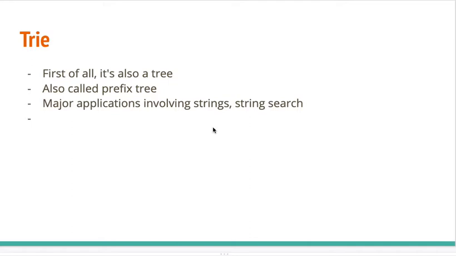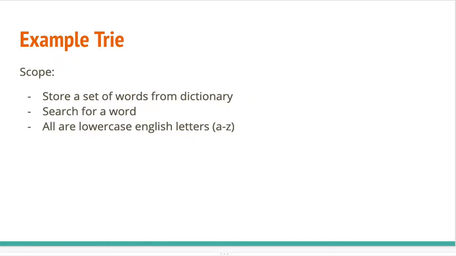So let's go ahead and look at the scope for the trie that we are going to build as part of this video. I'm calling it example trie. Basically the trie example that we are going to build will have the scope of three things.